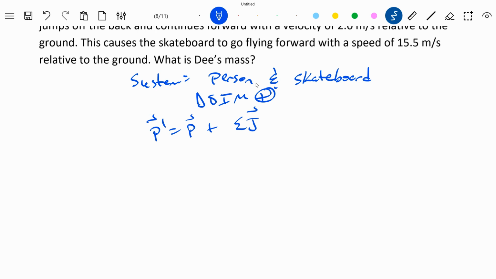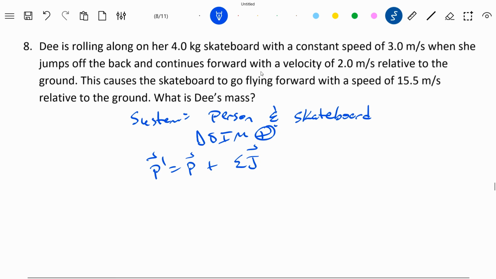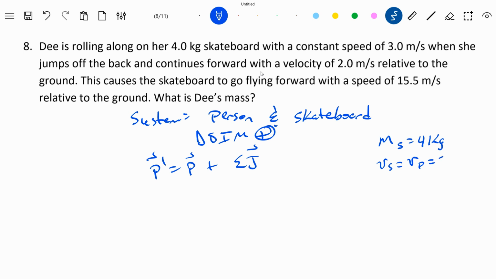So afterwards there is a, in fact, let me just make sure I got this right. So she's on the skateboard, constant speed of that. Oh, let me write that out, in fact. Mass of the skateboard is 4 kilograms. The velocity of the skateboard and the person were both the same, actually, originally, at 3 meters per second.